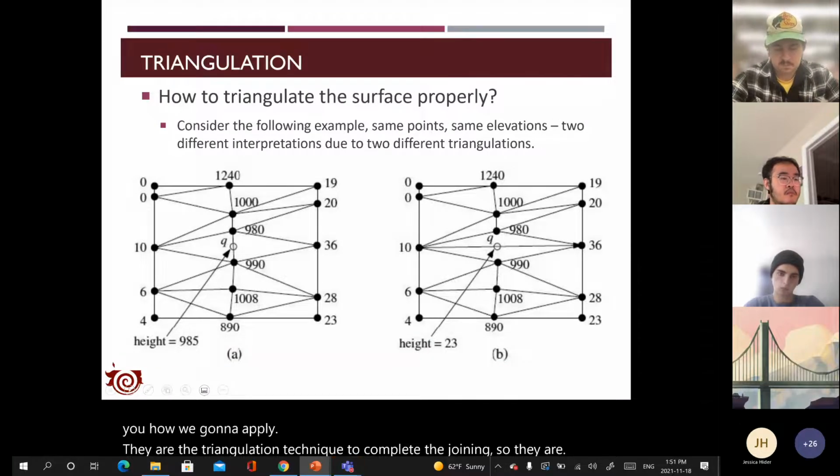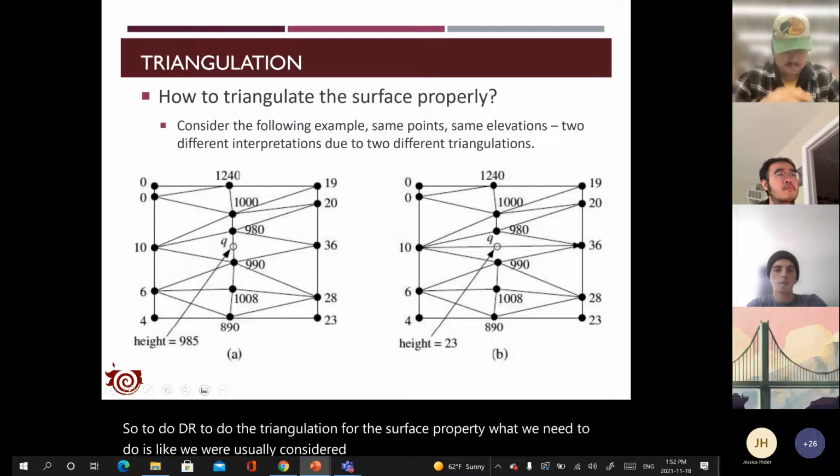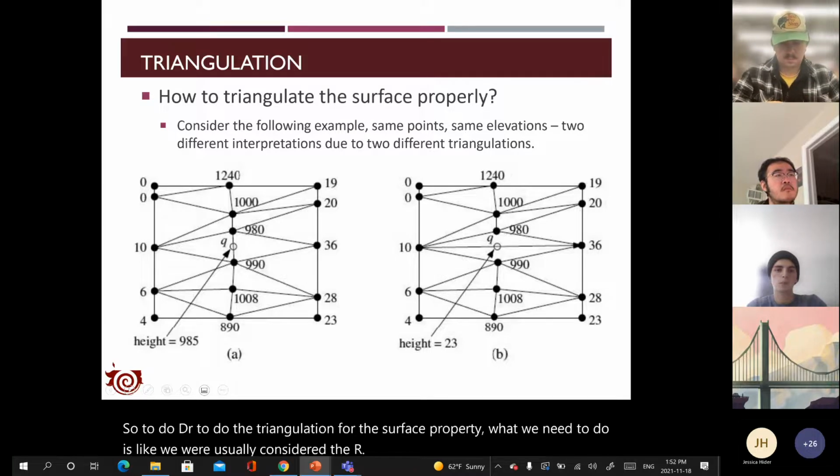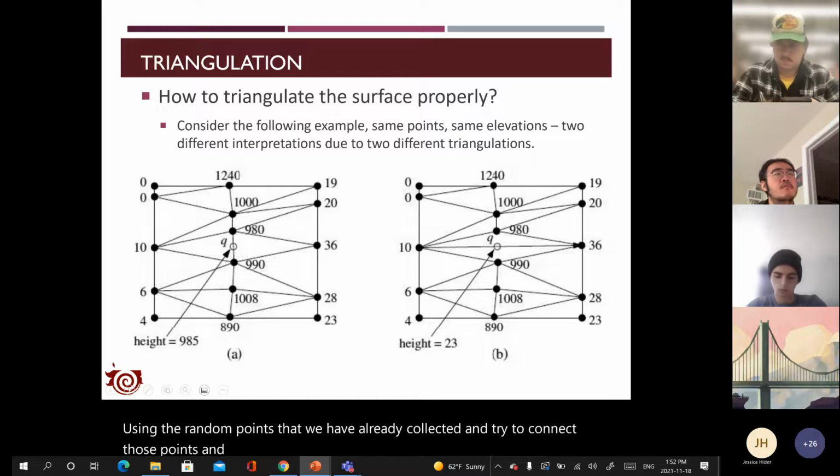To do the triangulation for the surface, we will usually use the random points that we have already collected and connect those points to form a lot of triangles in the 2D region.